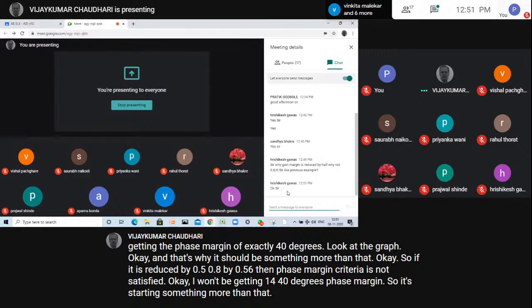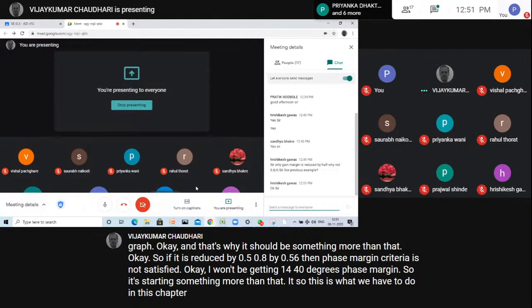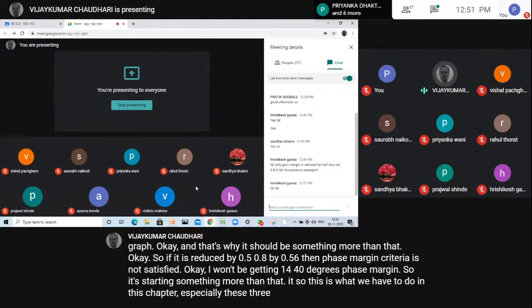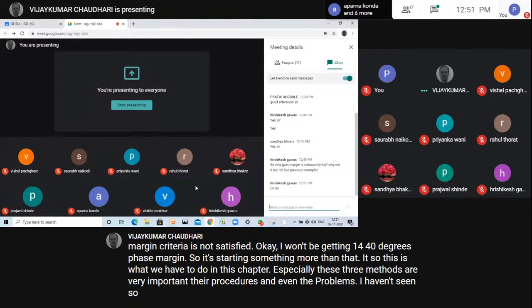So this is what we have to go through in this chapter. Especially these three methods are very important, their procedures and even the numerical problems. This subject has changed.